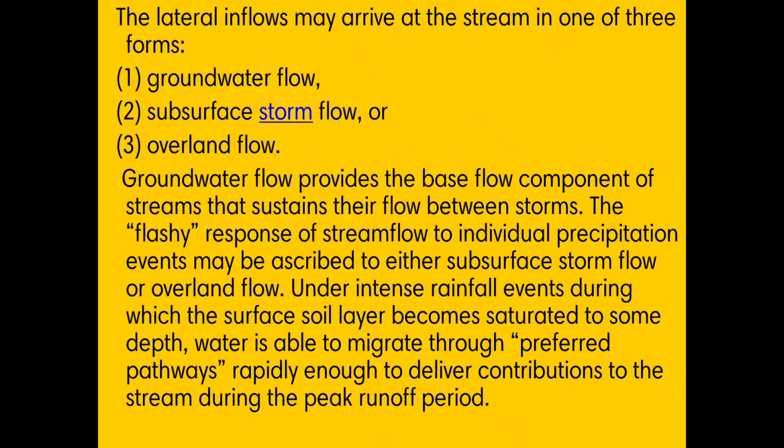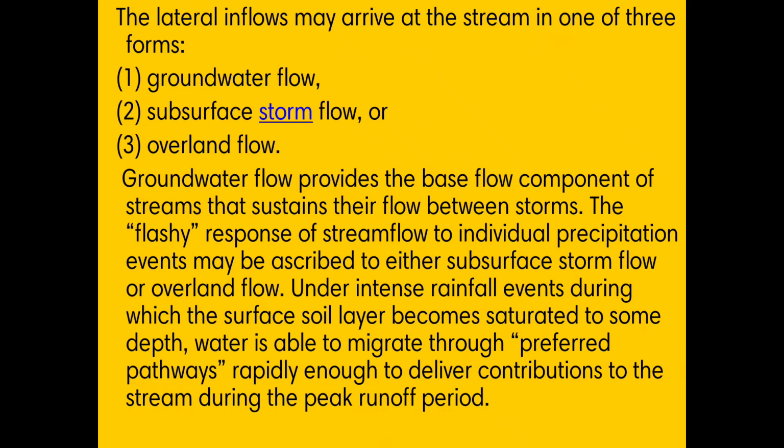Groundwater flow provides the base flow component of streams that sustains their flow between storms. The flashy response of streamflow to individual precipitation events may be ascribed to either subsurface storm flow or overland flow.